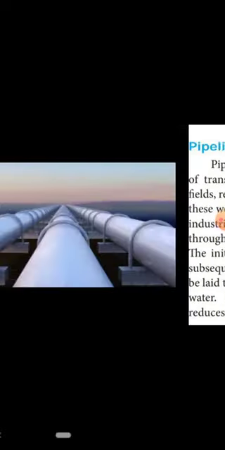But nowadays, some solid things can also be transported through pipelines when converted into slurry. In India, 3 important places have good pipeline networks. The first is Assam to Kanpur, second is Gujarat to Punjab, third is Gujarat to Uttar Pradesh.